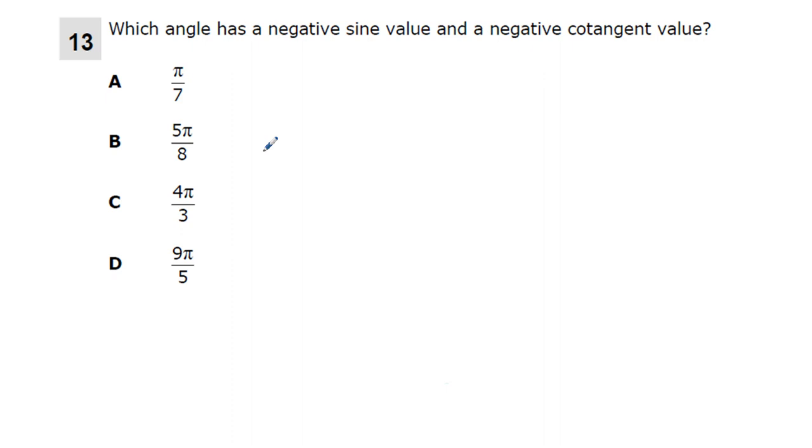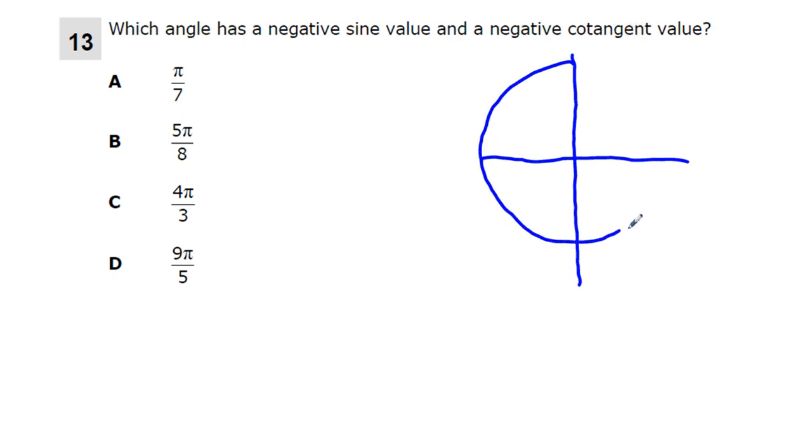13. Which angle has a negative sine value and negative cotangent value? You can convert all these to degrees if you want to. I don't know if you remember in class, if you draw a unit circle, we had this: all students take calculus.